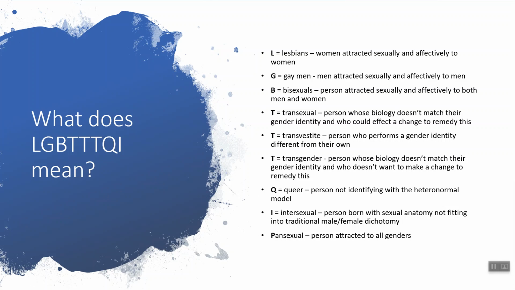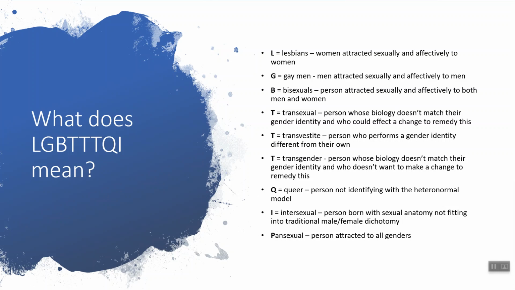So in other words, they may have the biology of a woman, but their gender identity may be that of a man. And a transsexual has the possibility of effecting a change to remedy this by taking hormones, by undergoing an operation, and normally they do affect this change, okay, in order to match their biology with their gender identity.